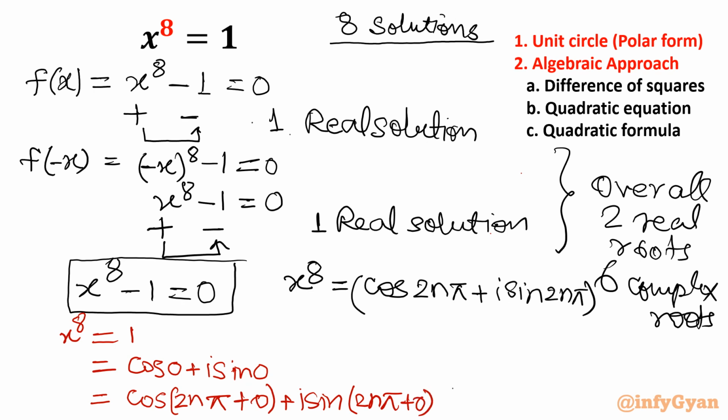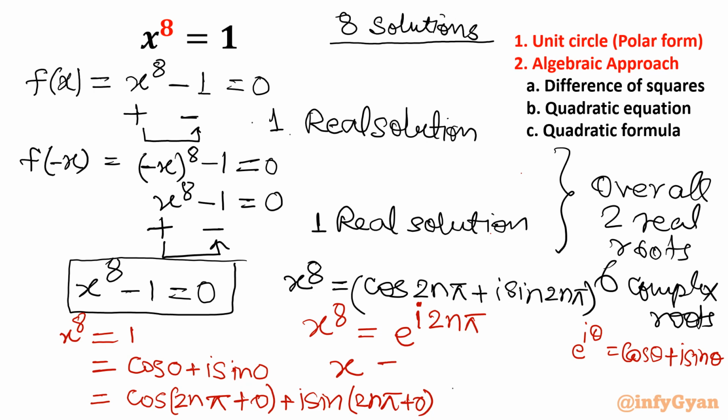Now x power 8 is equal to, in terms of exponent, meaning Euler's identity, e raised to the power i 2n pi. E raised to the power i theta is cos theta plus i sin theta. Now take the 8th power to both sides.